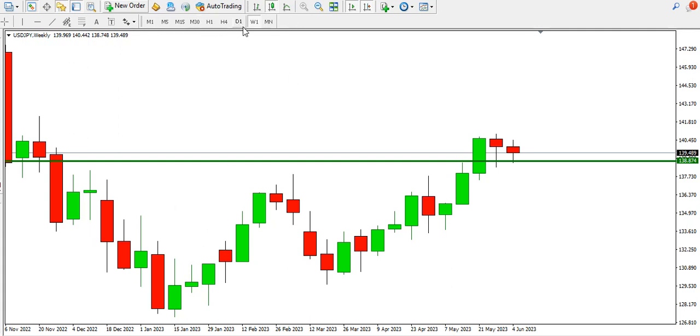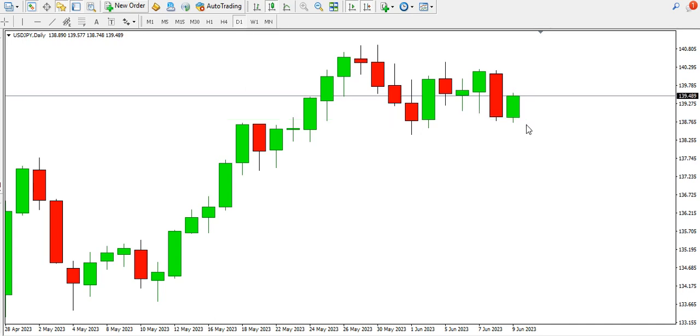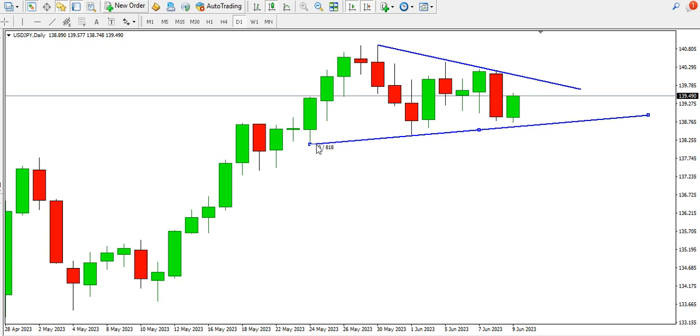Let's take a look at the daily time frame. On the daily time frame, we have price ranging. Price is currently ranging on the daily time frame. So there's really no definite direction for price. It's been ranging in the last couple of weeks.